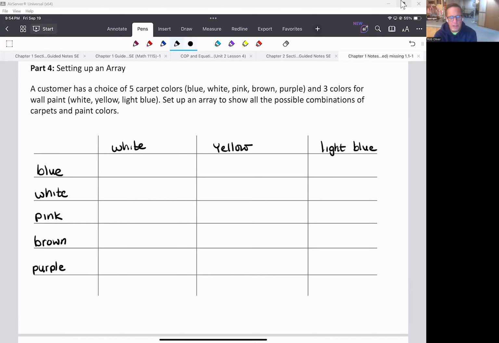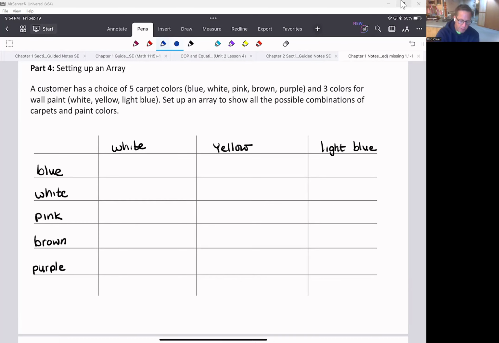There's this thing called the counting principle where you take the number of choices and multiply that by the number of choices of the other thing, and that's how many choices total there are. So right here, we're going to set up an array to show all the possible combinations of carpets and paint colors.